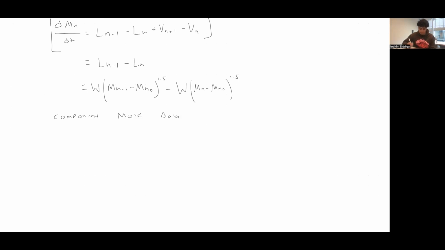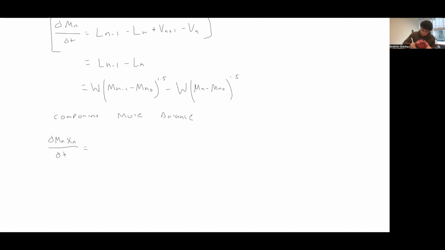All right, so we can finally do our component mole balance. This is the change of our liquid molar holdup M_n multiplied by our mole fraction of the more volatile component x_n over dt, and this is equal to, essentially, our molar holdup multiplied by our mole fraction.